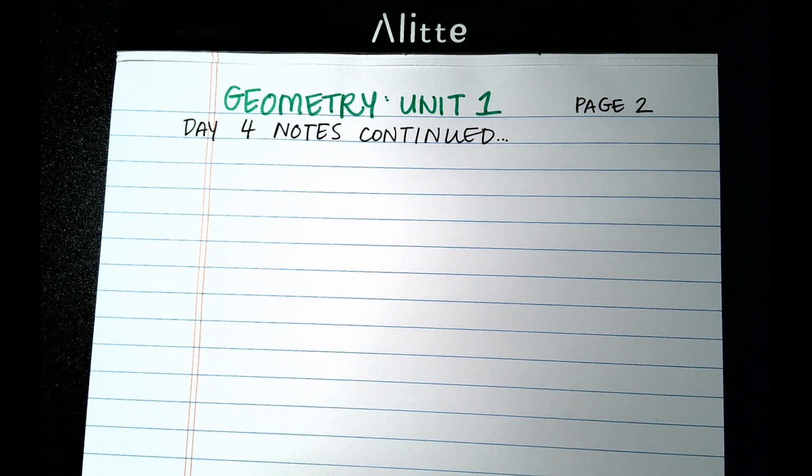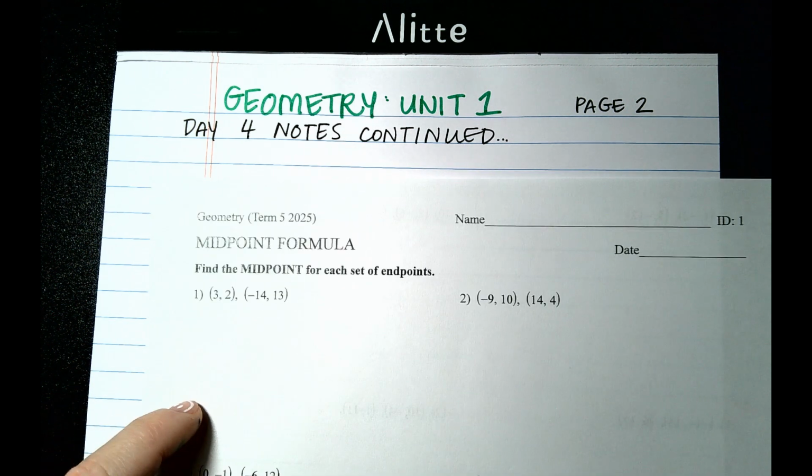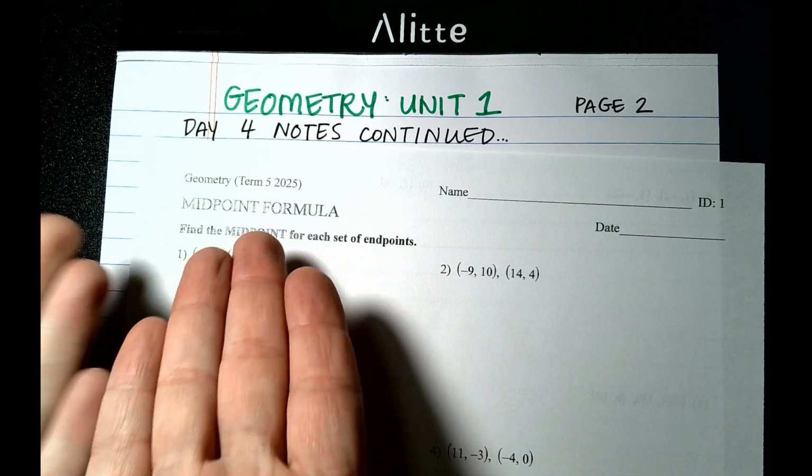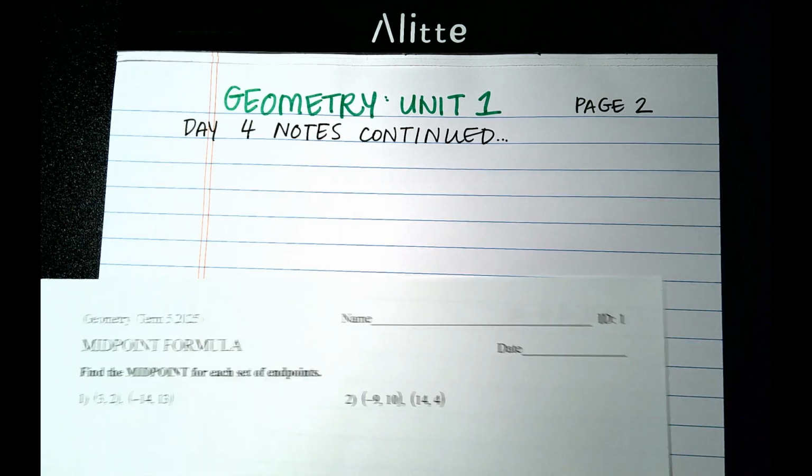So now we're going to talk about, let me grab this other worksheet, and I will hand this out to everybody here in a moment. We're going to talk about finding a midpoint. Now, first we need to make sure we know what is a midpoint.